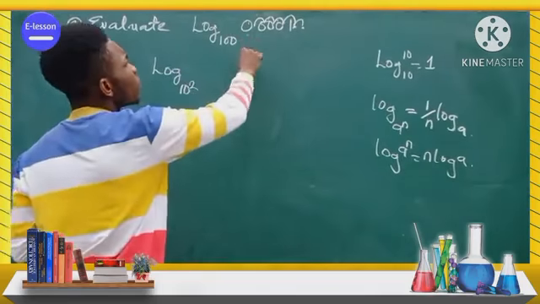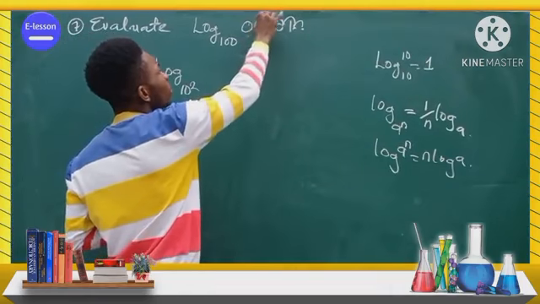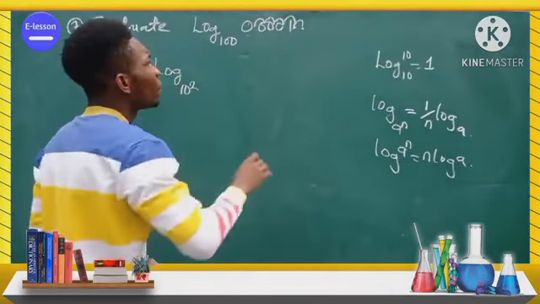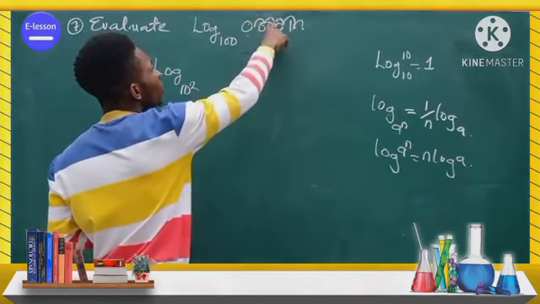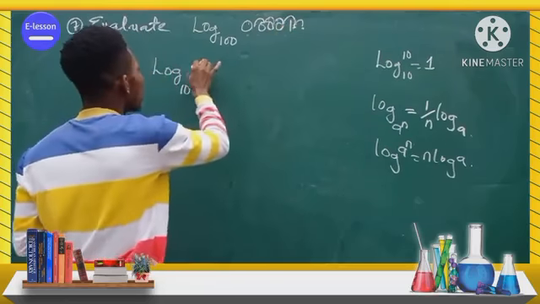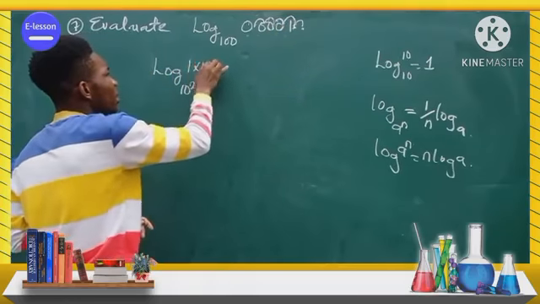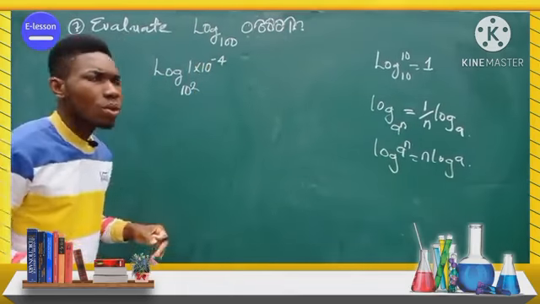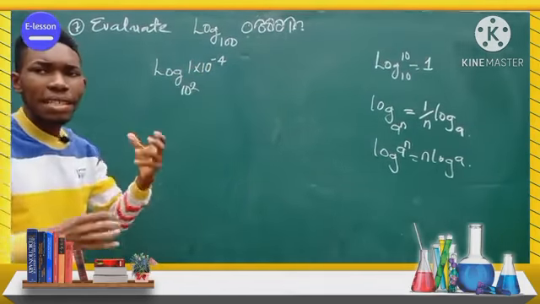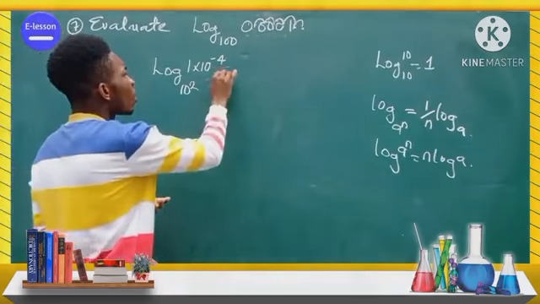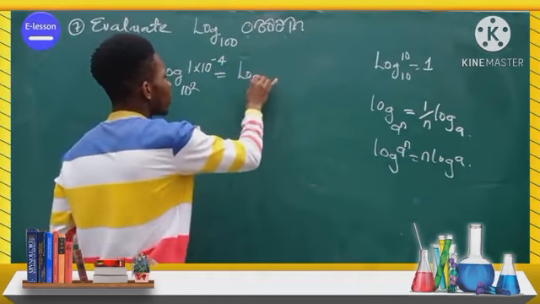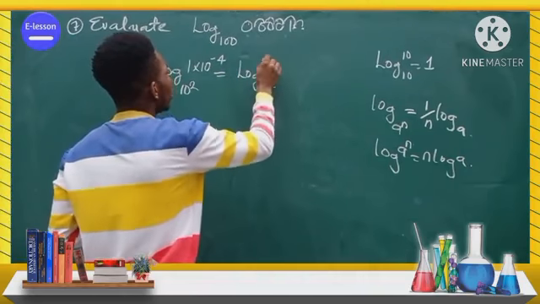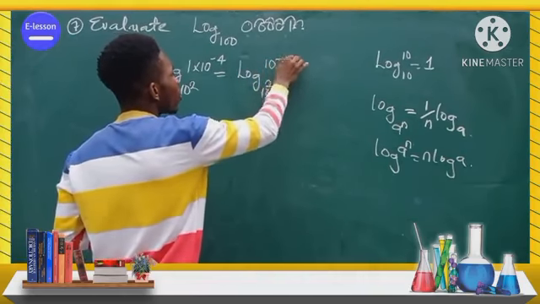So we move this one backward until we get to the first significant figure, which is 1, 2, 3, 4. So this gives us 1 times 10 raised to the power of minus 4. Of course, we know that 1 times anything is still that thing. So this gives us log 10 square, then 10 raised to the power of minus 4.